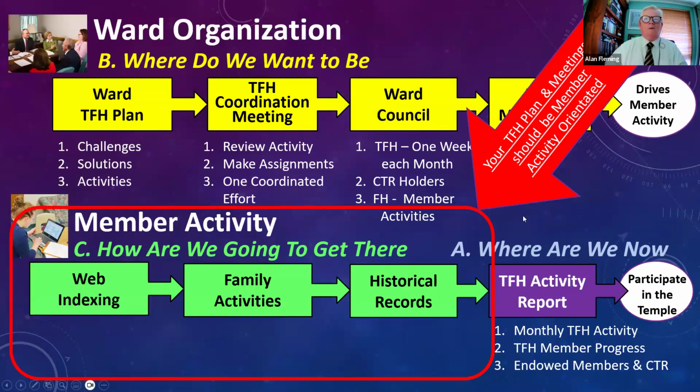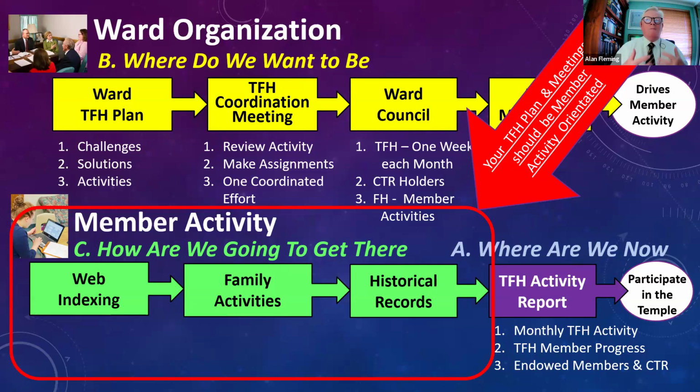So your temple and family history plan and meetings should be member and activity orientated. Because once we've got the plan, it's about how we're going to get there. Right? And as you can see, remember we spoke in the previous video about web indexing, fun family activities, and historical records.